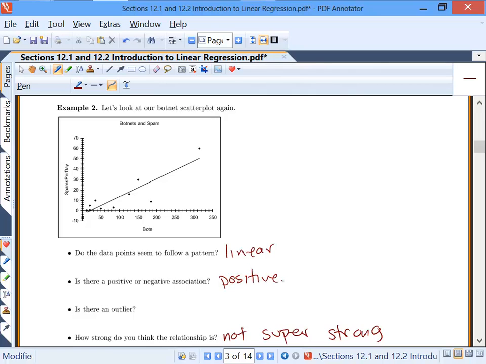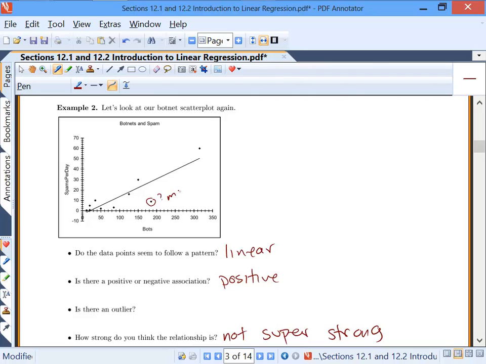And any outliers? It doesn't really seem to fit with the pattern. I mean, maybe if you took out that one, the rest would be closer, but it's still not so far off that I can tell for sure if it's an outlier.